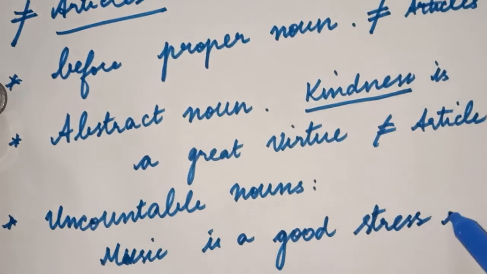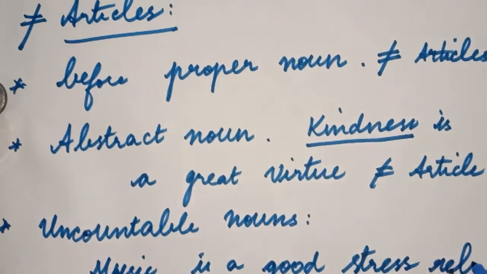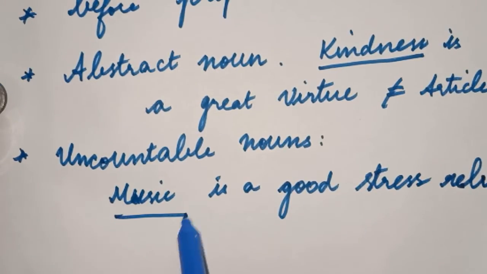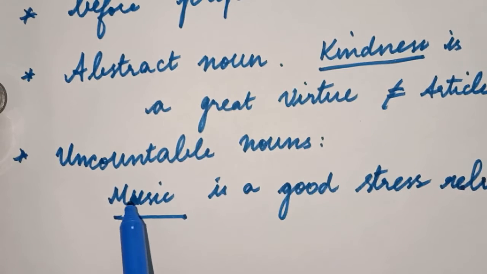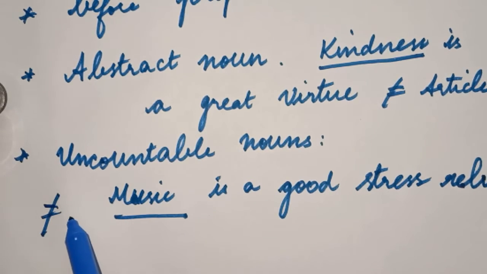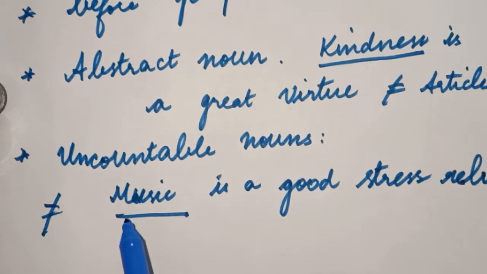Here music is an uncountable noun. We should not write the music or a music. We should not use any article in front of uncountable nouns.